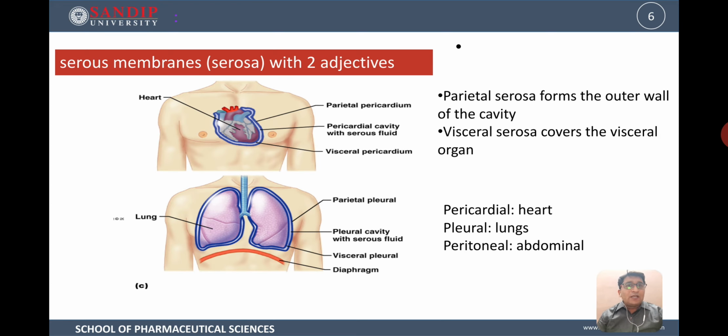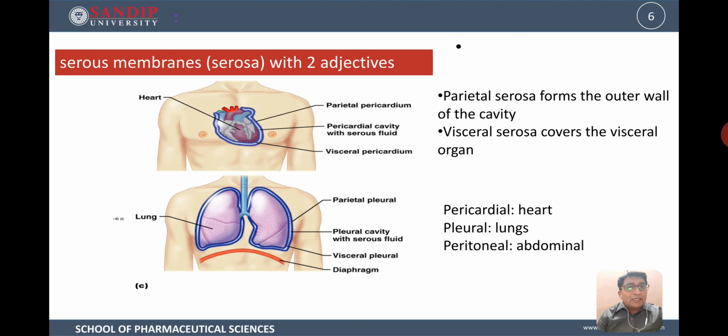You can observe the figures again. Parietal pleural is there, and the pleural cavity is filled with serous fluid. Then the inner layer is known as the visceral pleural. Whenever the word is pleural, it is concerned with the lungs.